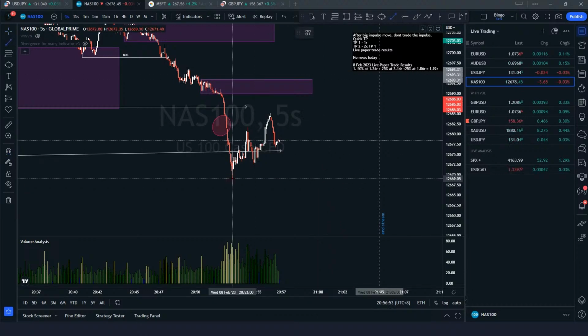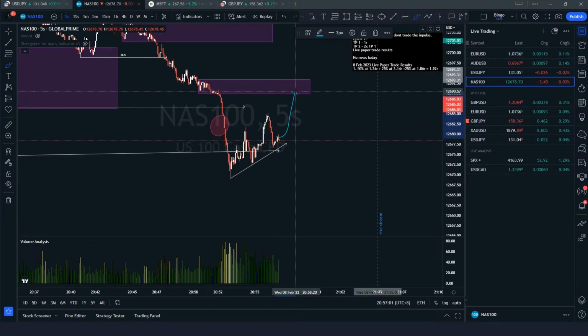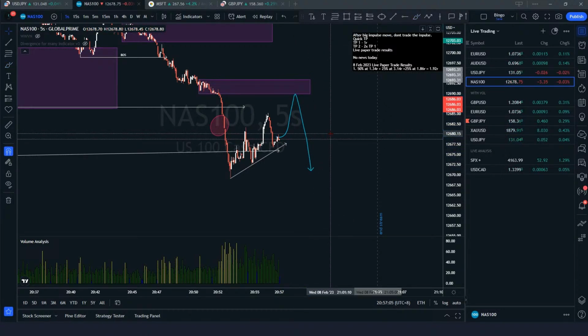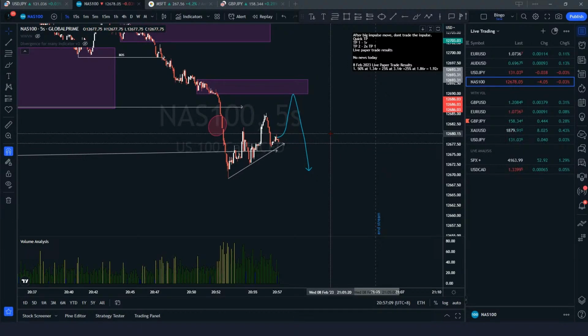Okay, we are building liquidity. So price could do this. Let's see what the price wants to do.